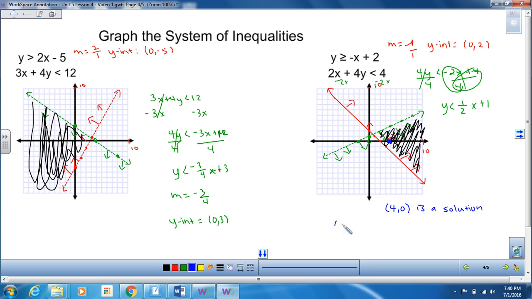So let's see, 0 greater than or equal to negative 4 plus 2. All right, 0 is greater than or equal to negative 2. That is true. 2 times 4 plus 4 times 0. Okay, that's 8, which is not less than 4.